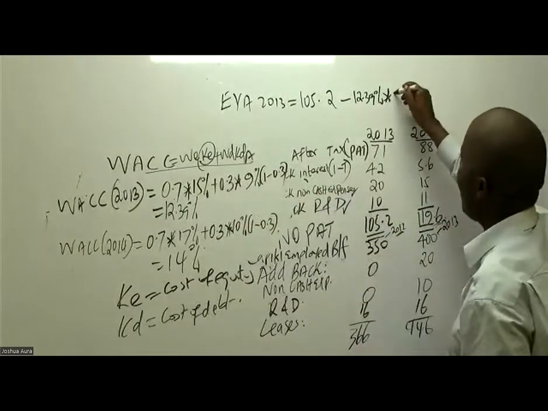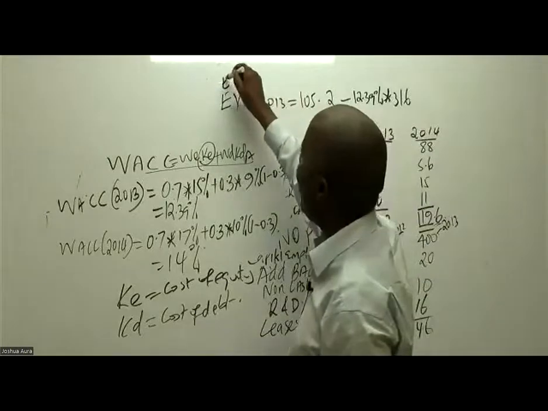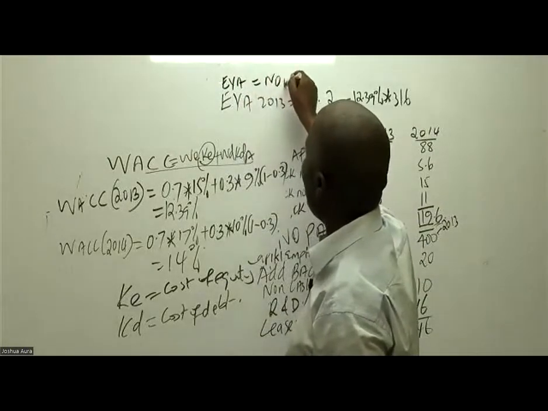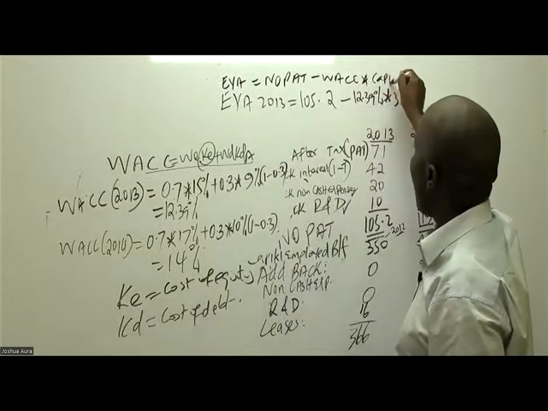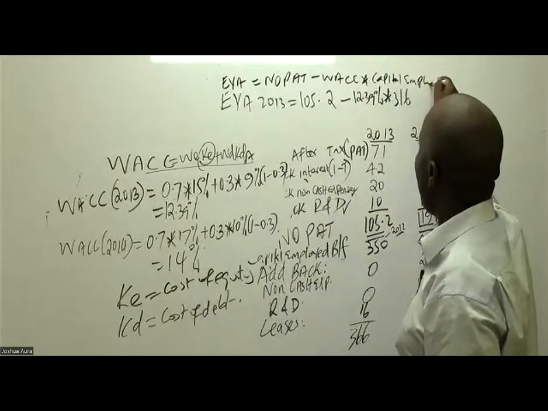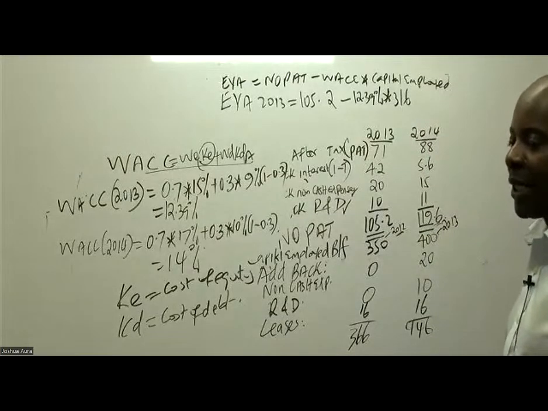This is 316. Remember the formula of EVA: you take NOPAT minus WACC times capital employed.